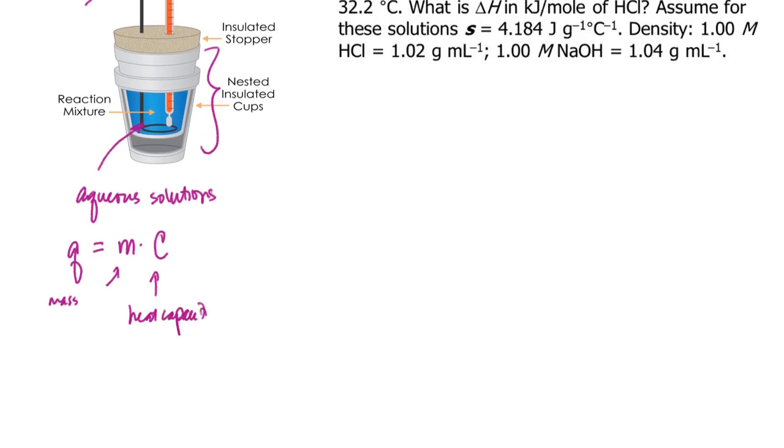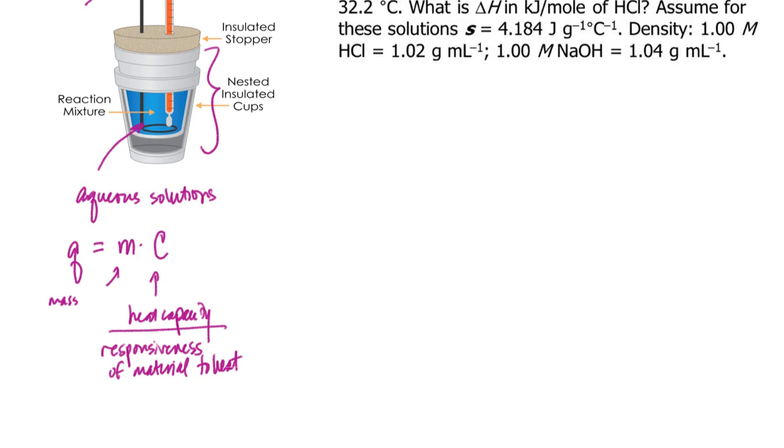And the heat capacity is a measure of the responsiveness of the material to heat. And so, for example, metals tend to be very responsive to heat. They heat up and cool down quite quickly, and so their heat capacities are very small.